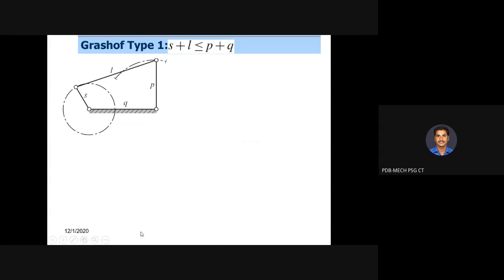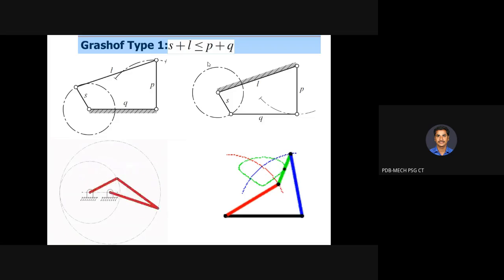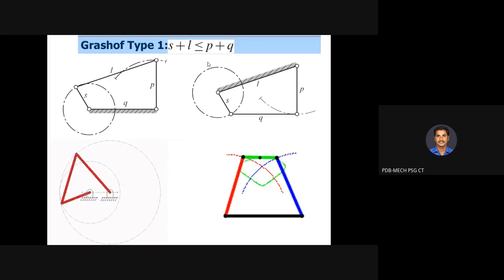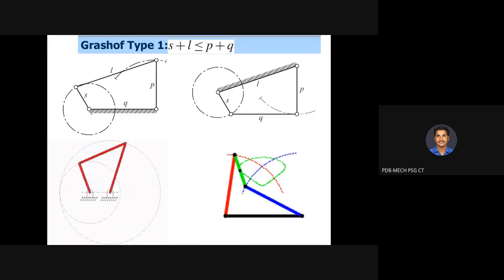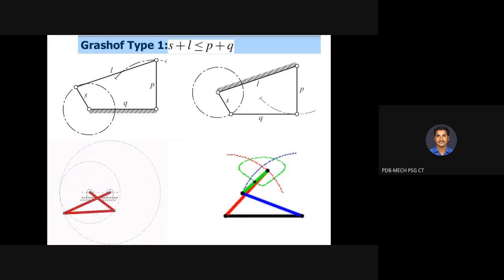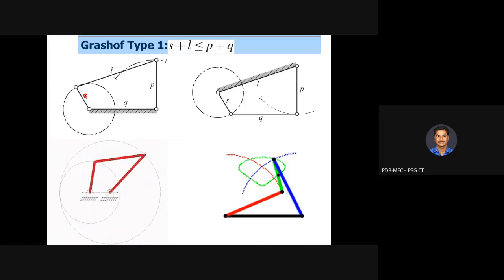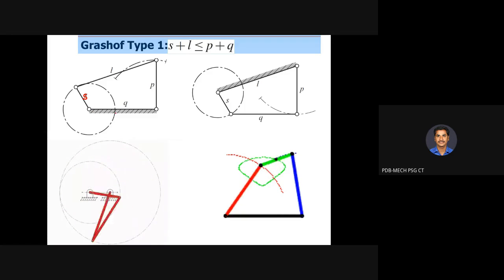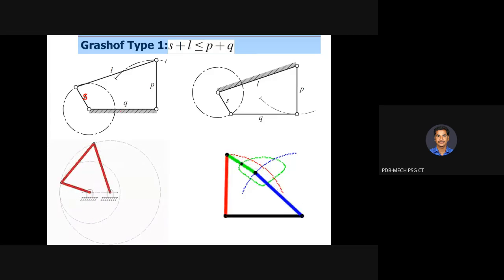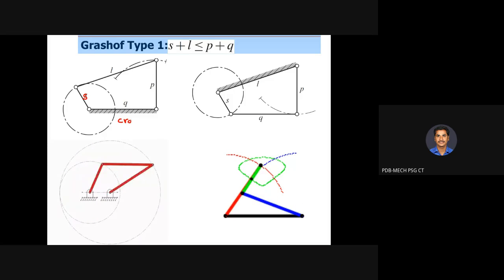So we discussed Grashof type 1, that is, the first criterion: S plus L should be less than or equal to P plus Q. In this case, we discussed 4 inversions. The first inversion is fixing the link which is adjacent to the shortest link. Here the shortest link is S, so adjacent to the shortest link is Q. If we fix it, we obtain the crank rocker mechanism.